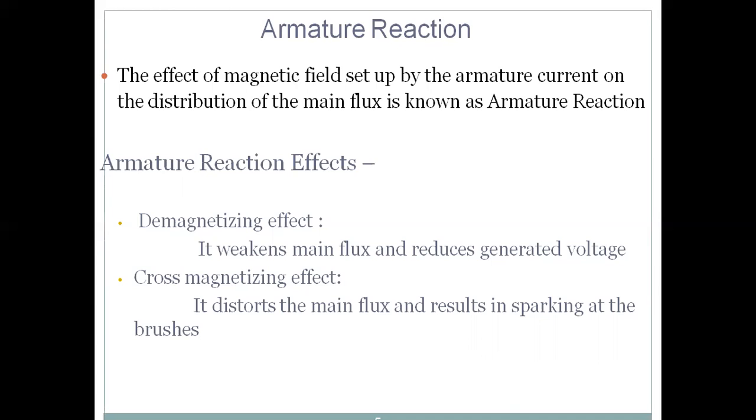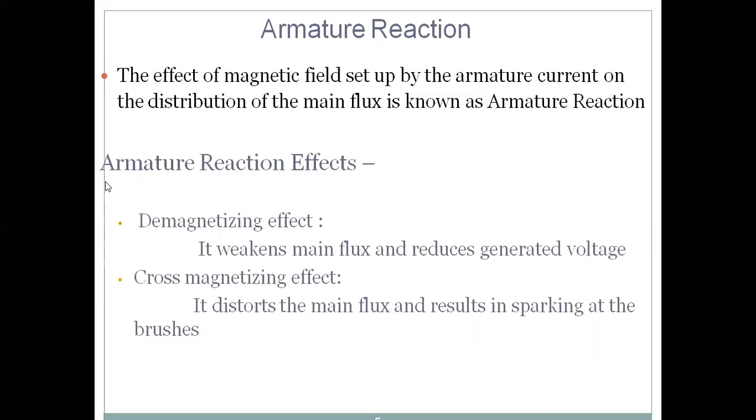According to the EMF equation of a DC generator, Eg = ΦZNP/60A. In this equation, Eg is directly proportional to the flux. When flux reduces, generated EMF reduces. When flux increases, generated EMF also increases.